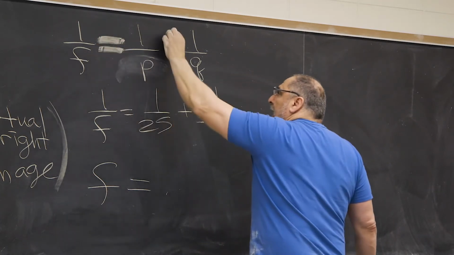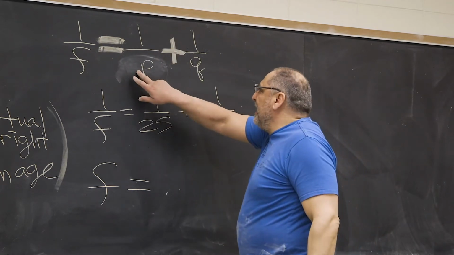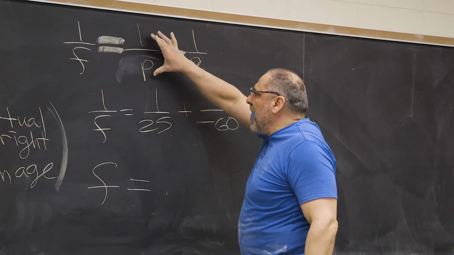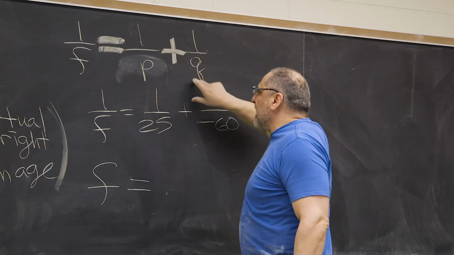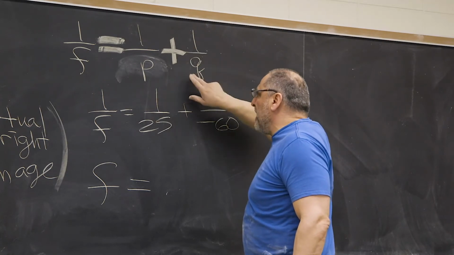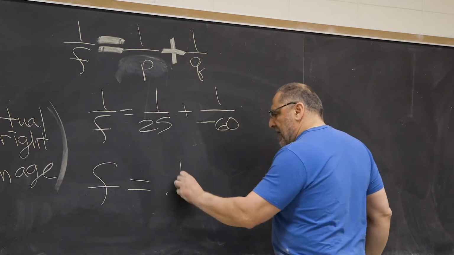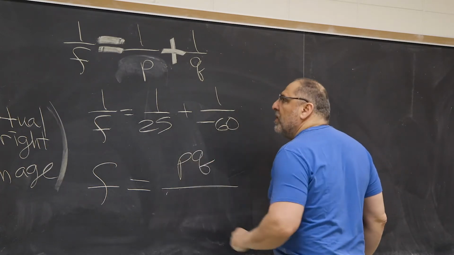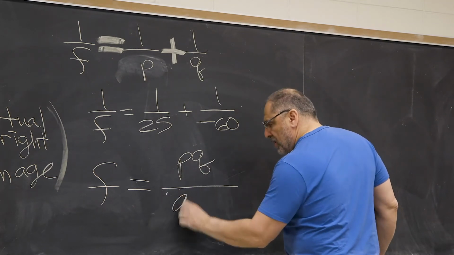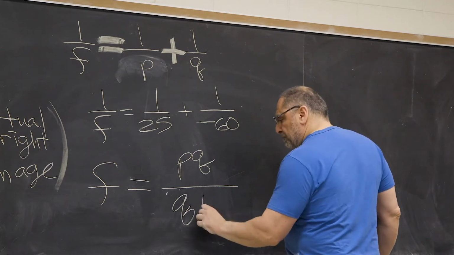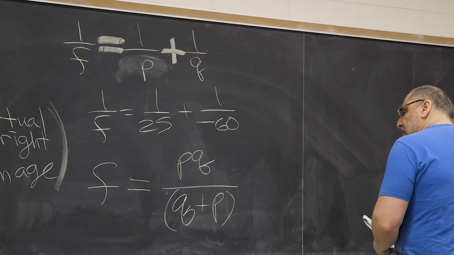For this item, multiply by a special 1, Q over Q. For this item, multiply by a special 1, P over P. And then after all is said and done, it's PQ over Q plus P. So what happened here?